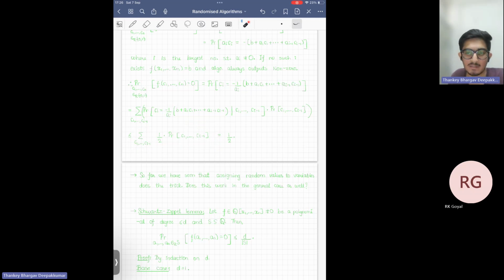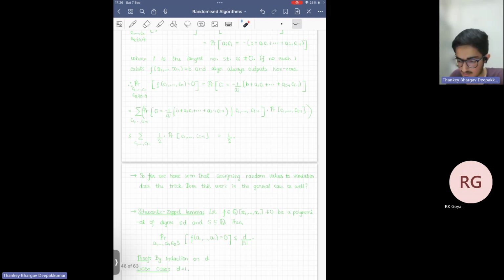Because I'm summing over all the values of C1 to Ci minus 1 and asking what's the probability that this is the value that they take. So once I sum, that becomes one. So this is at most half. Is this fine? Yes.